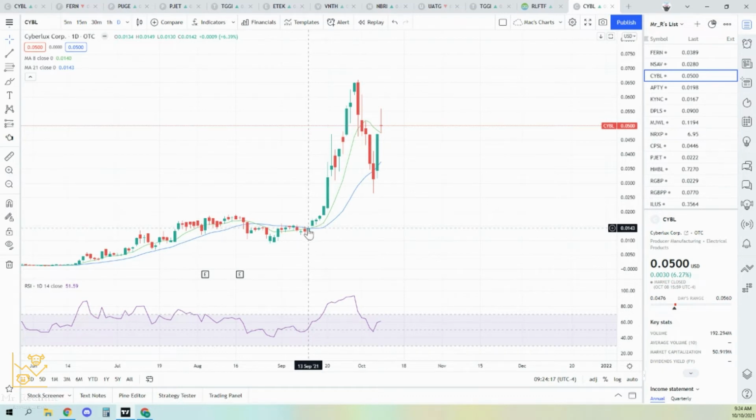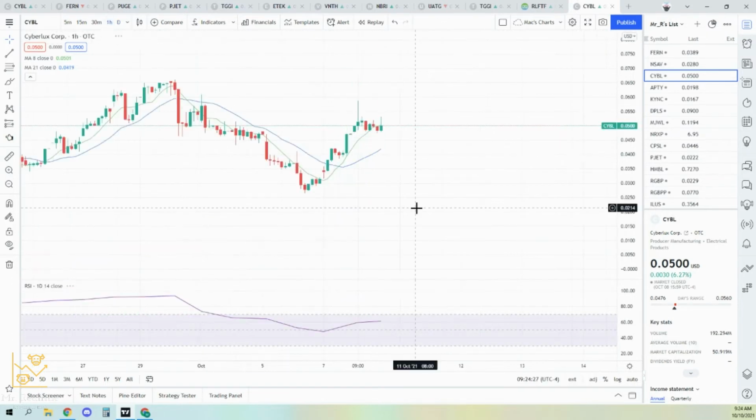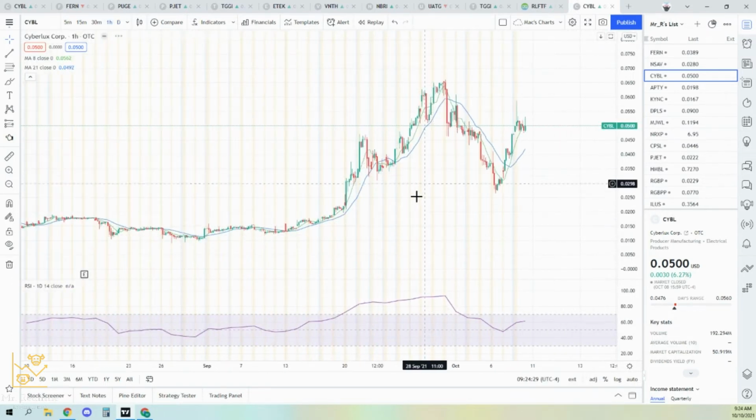I like to wait for confirmation. You'd be shocked. Actually, the daily's more accurate, because if we went to the hourly, as we can see, it's not as accurate. This isn't a very good chart to show you at. Well, kind of. It could bounce.